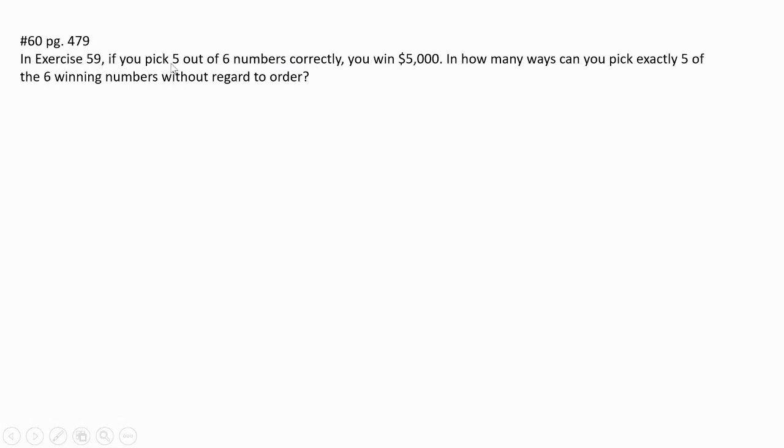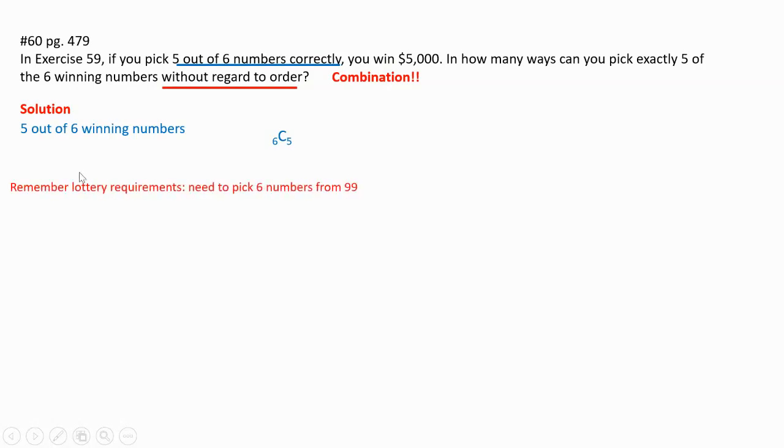Okay. Now, number 60 from page 479. It says in exercise 59, if you pick 5 out of the 6 numbers correctly, you win $5,000. In how many ways can you pick exactly 5 of the 6 winning numbers without regard to order, which means combination? So now 5 out of 6 is going to be 6 combination 5. Remember, the lottery requires you to pick 6 numbers from 99.